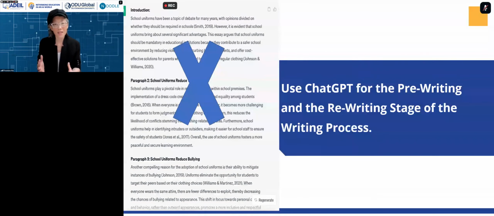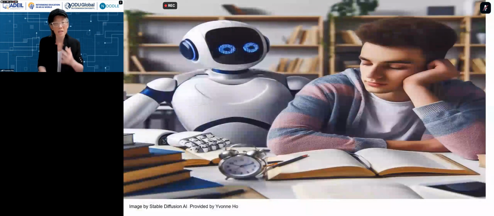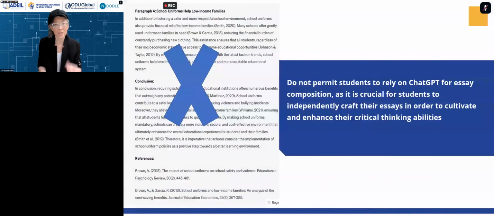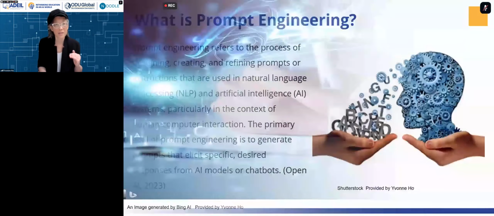And so that's why I tell students to skip the writing stage, because otherwise students don't have any clue what they're writing about, because they let ChatGPT do all the work for them. And so ChatGPT can be used the way you use a Google search engine on steroids and the way you use Grammarly. So do not permit students to rely on ChatGPT to write essays for them. It is crucial for students to independently craft their essays in order to enhance their critical thinking skills.